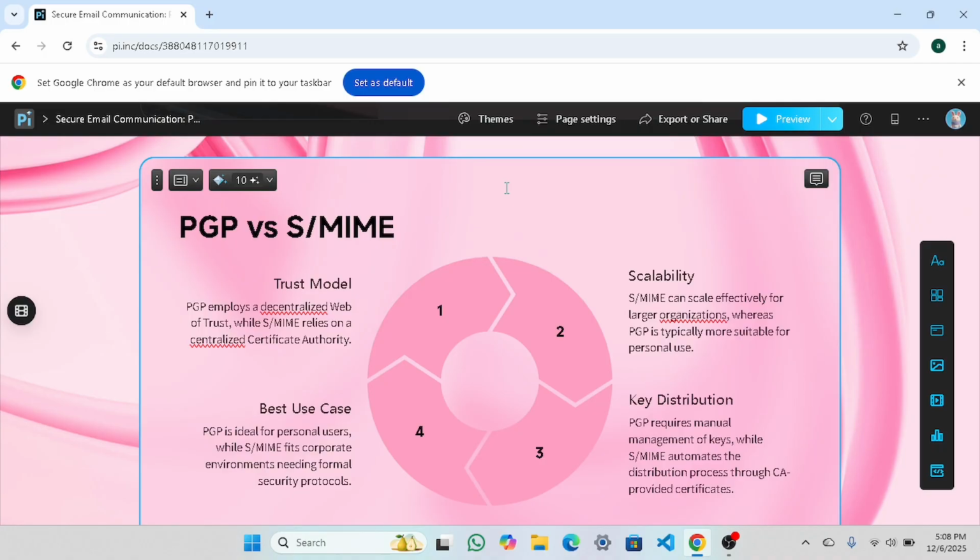Now, what is the difference when we compare these two models, PGP and S/MIME? First, the trust models. PGP employs a decentralized web of trust, while S/MIME relies on centralized trust. S/MIME is scalable and efficient for larger organizations, whereas PGP is for personal use.